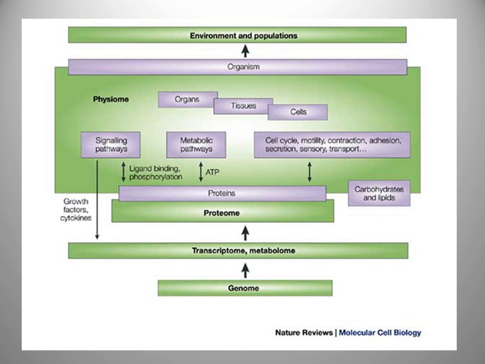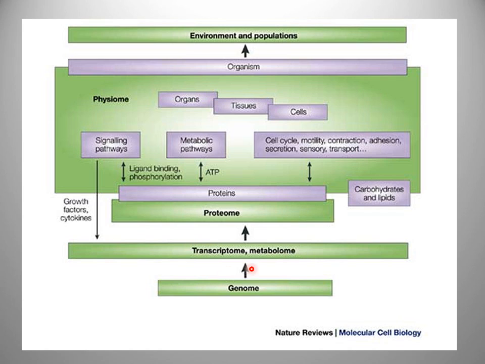Yes, so there are other macromolecules. We have carbohydrates, we have lipids, we have nucleic acids down here in what we call the genome, so the DNA down here. The transcriptome is that we're not taking every single DNA sequence and turning it into proteins all the time. What we do is we take a subset depending on the cell type, the cell function, or if it's under stress, that sort of thing. So that's called the transcriptome.